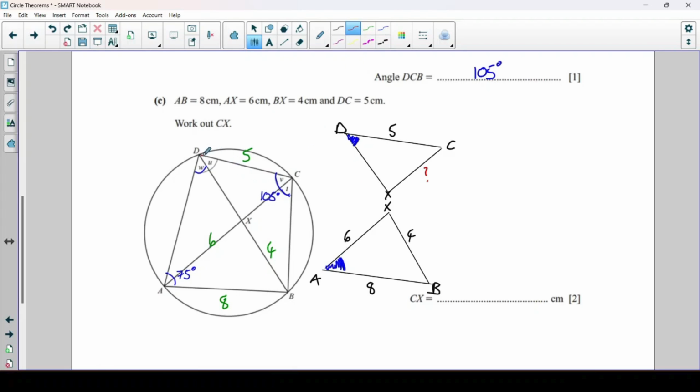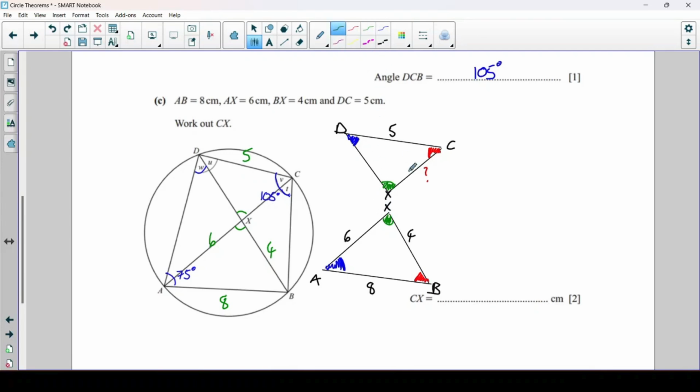By the same reason, this one here is going to be equal to this one here, okay? Gives me that same bow tie shape, so the one at B and the one at C are going to be equal. And finally, using vertically opposite angles, these two are going to be equal. And that's why we have two similar triangles.